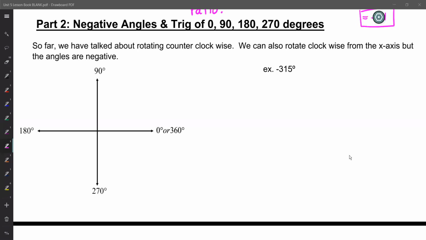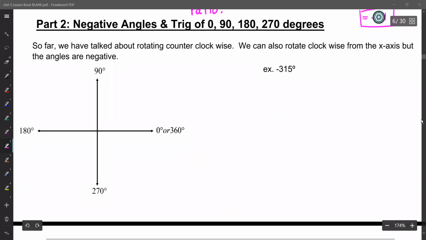Awesome. Okay, so far when we talked about angles over 90 degrees, we talked about rotating from the initial arm counterclockwise. But you can also have negative angles. And if you have a negative angle, what it's telling you is you're rotating from the initial arm clockwise.